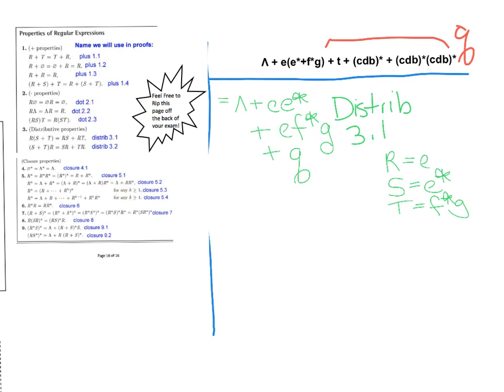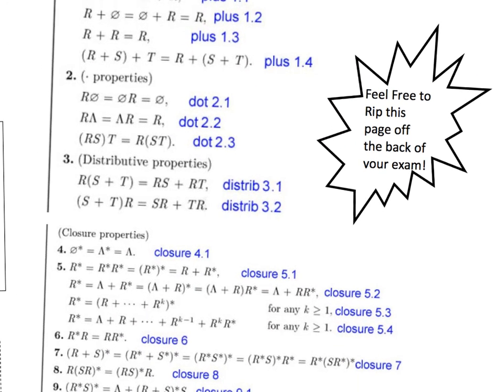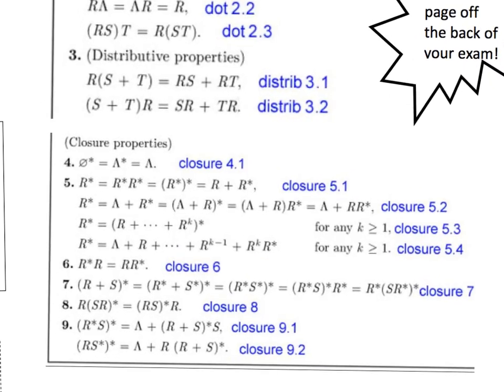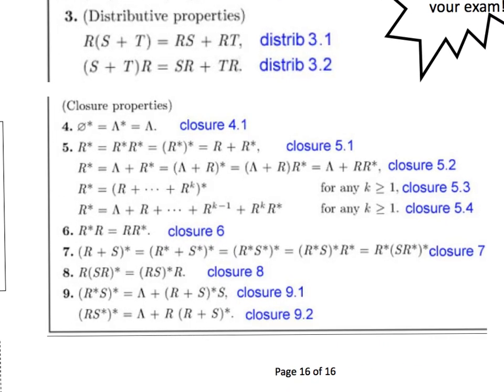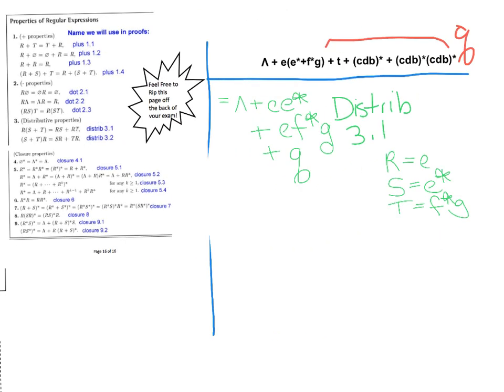So I'm going to grab this and make it bigger. If you look at closure 5.2 here, you can see that R star equals lambda plus RR star. So this is exactly what we need. No coincidence.